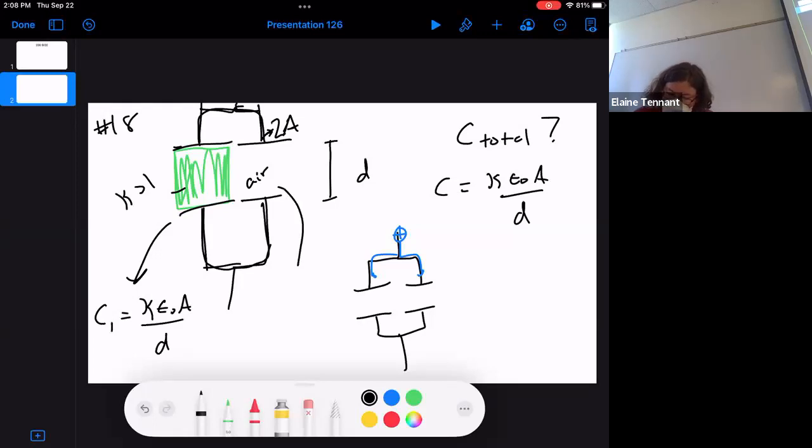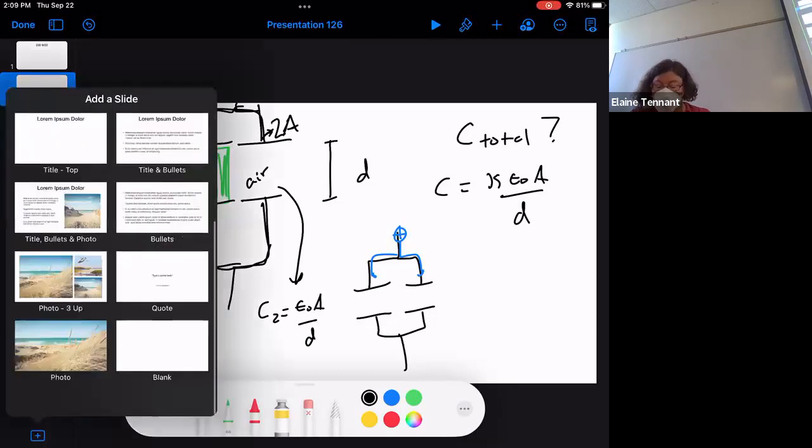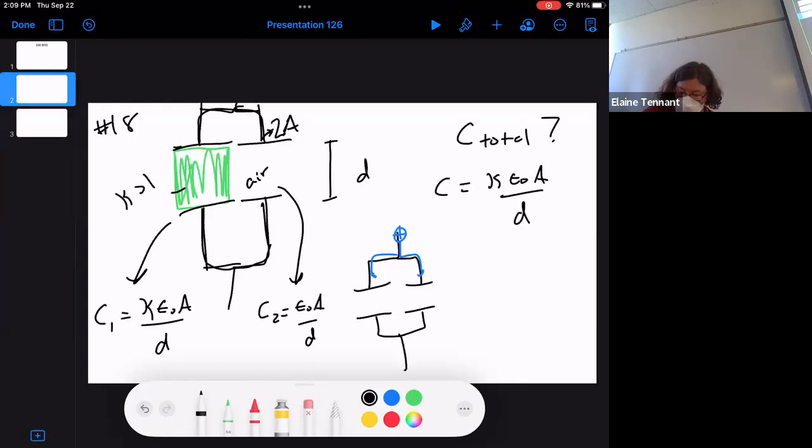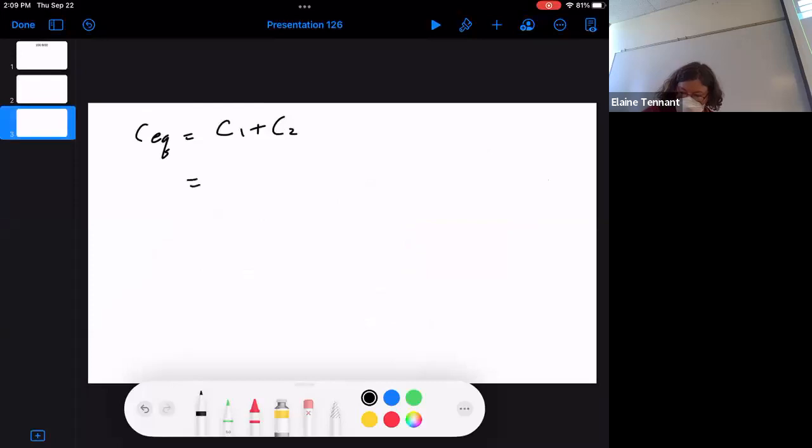Okay, and then this side will look the exact same way, except the kappa there is 1, and so we don't really need to include that. Like that. And then the final step, as you guys probably have gotten: this is kappa epsilon naught A over D plus 1 epsilon naught A over D.